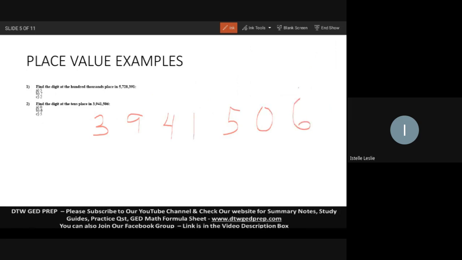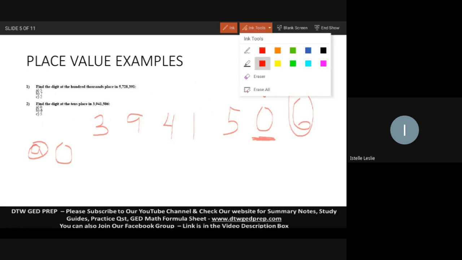So this is in the ones position, and we want the tens position, so that will be 0. Okay, so for number 2, the answer is A, which is 0. So 0 is the number at the tens place. So we move to the third one.